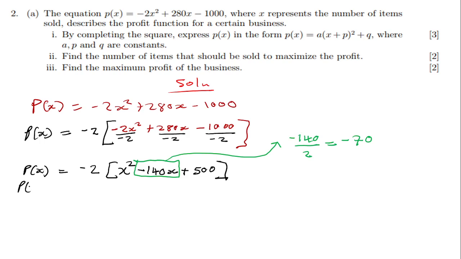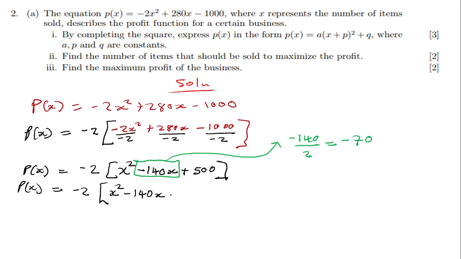I'll say P(x) is simply equal to negative 2, which will maintain its position. Then x squared minus 140x. Then here is where people get it wrong. You are going to add, then subtract. Take that right. You are going to add, then subtract.